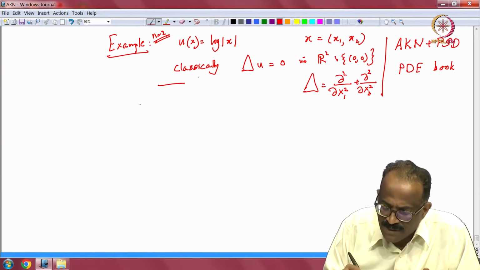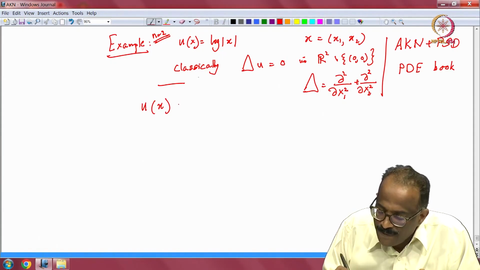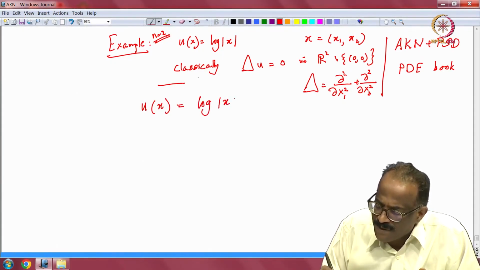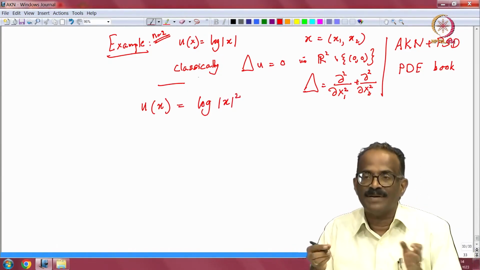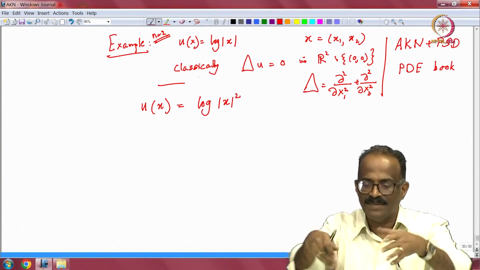There is no difference here, but let me define u(x) equal to log mod x square, for convenience of working. Of course, log mod x square is equal to 2 log mod x, and it is a similar thing.